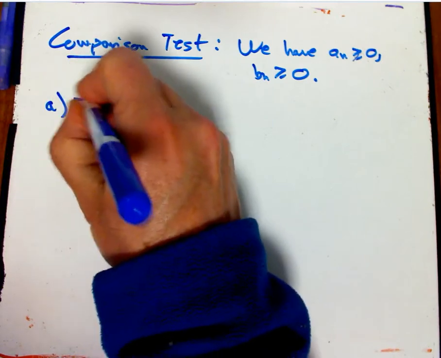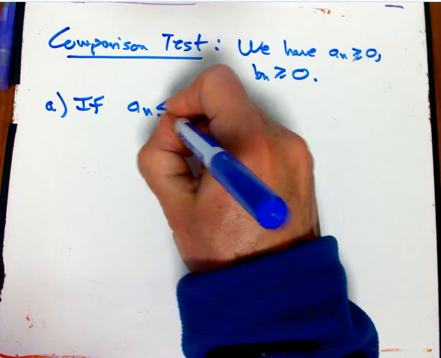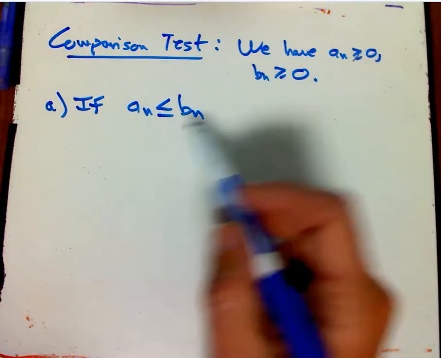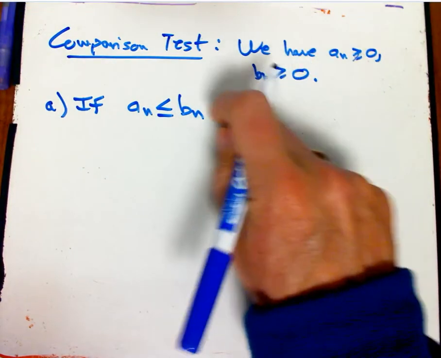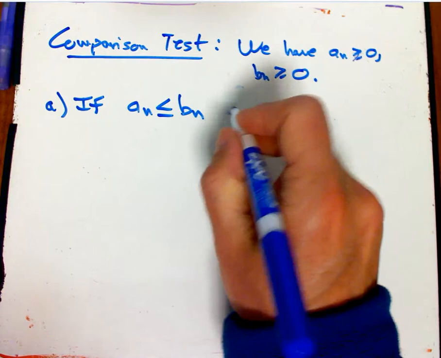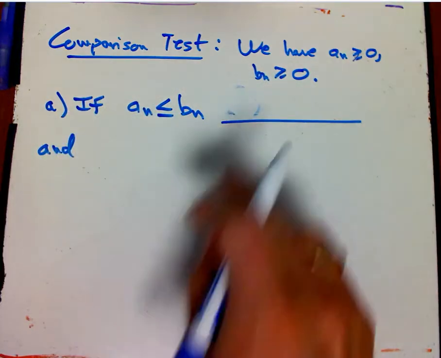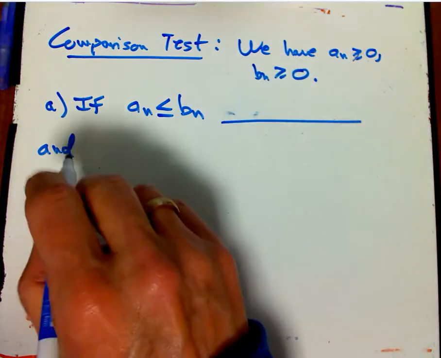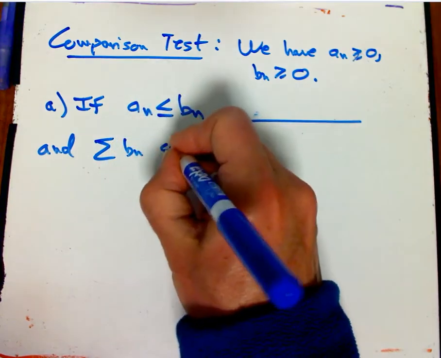So if a sub n is better than b sub n, so if you're positive and you're less, that means you're smaller, and I'm going to leave some wiggle room here, which is going to be important, and the sum of b sub n converges.